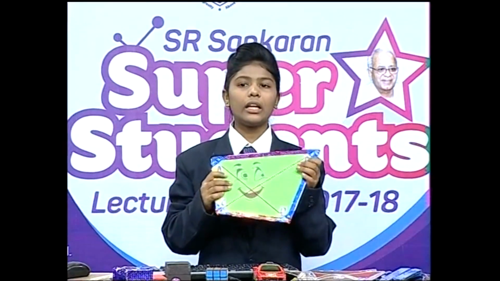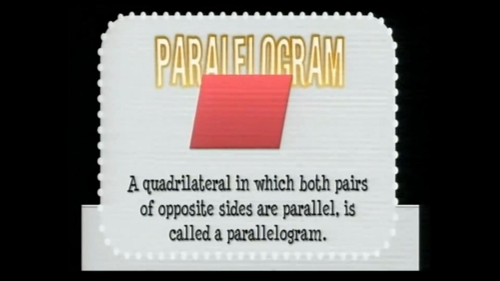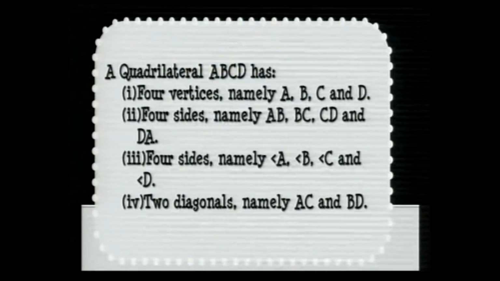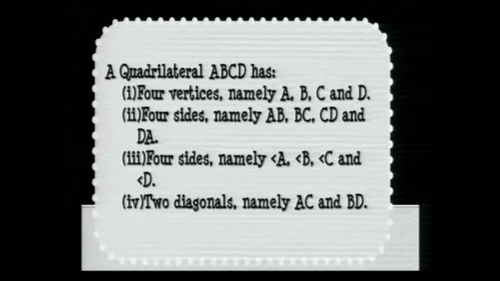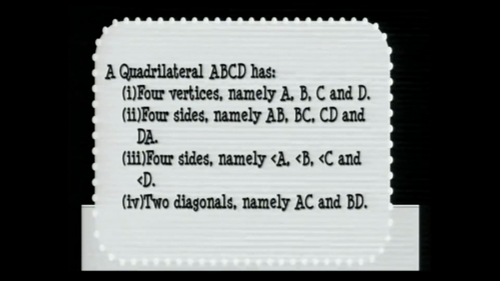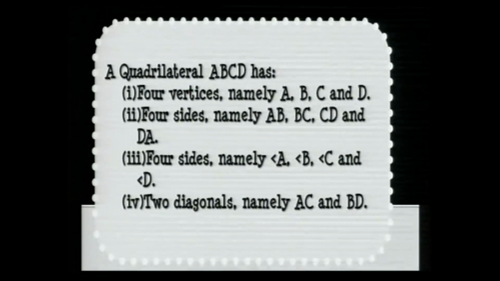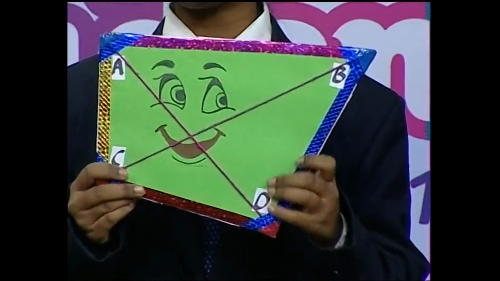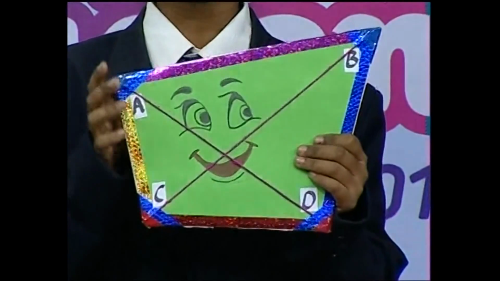Okay, look here. Look at the slide. A quadrilateral ABCD has 4 vertices, namely A, B, C, and D. And in this quadrilateral, look again.